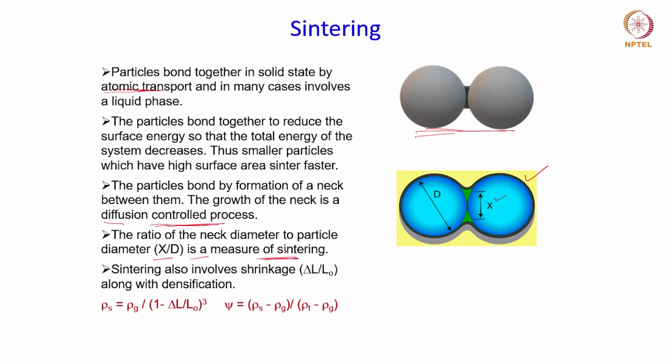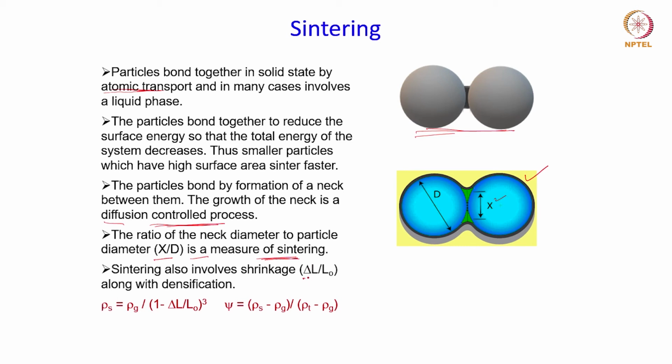As to what extent the particles have sintered can be gauged by looking at this x by d ratio, okay? And in sintering, the pores are closing, so the particles are coming closer and closer, and therefore the densification that happens during sintering will also lead to some shrinkage in the compact, right?